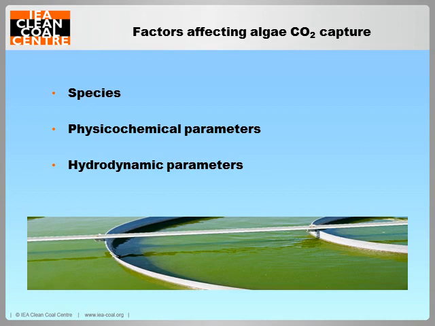Flue gas also has a high flow rate, high temperature, and possible toxic compounds. This means that the algae species need to be able to tolerate the harsh flue gas conditions in order to mitigate the CO2. Species such as Chlorella and Nannochloropsis are known to grow well under flue gas conditions.